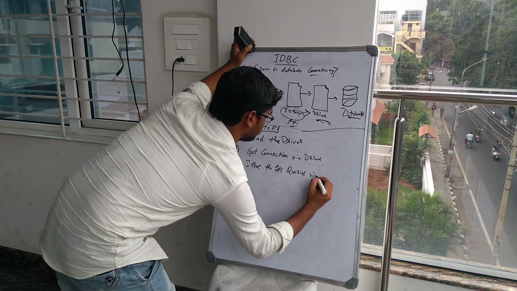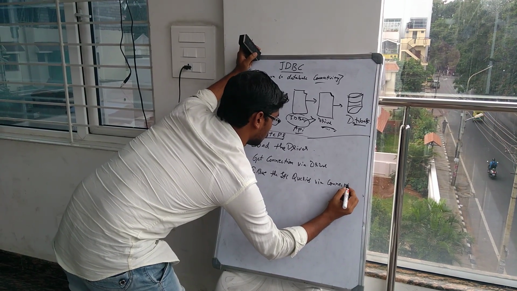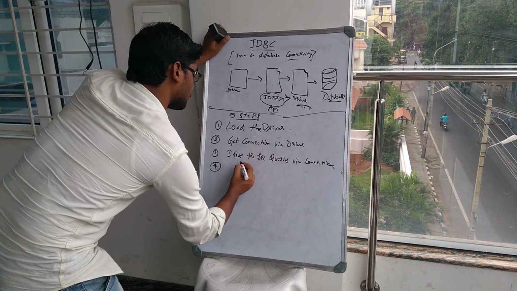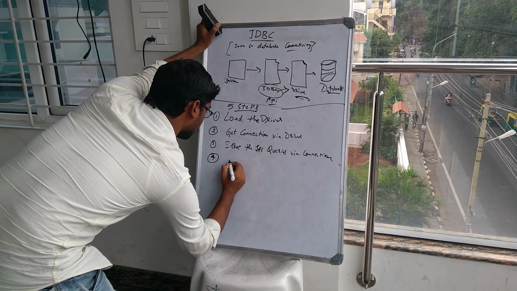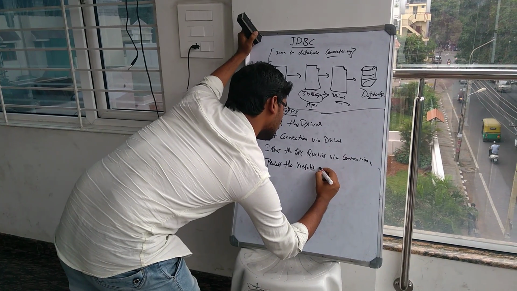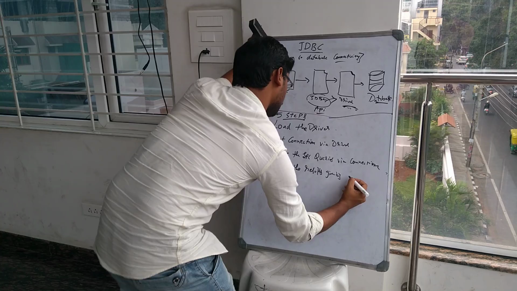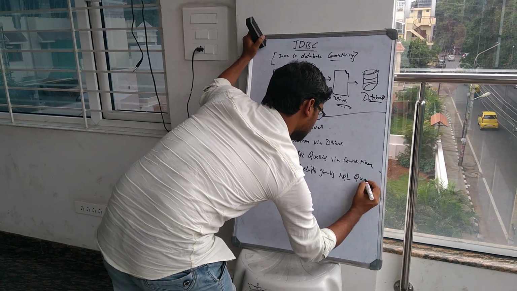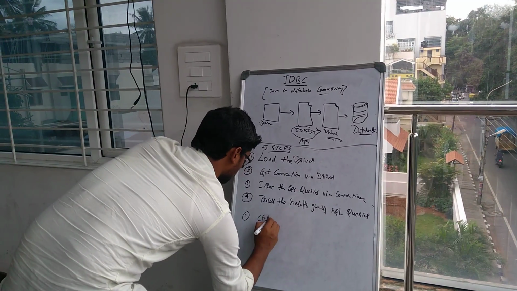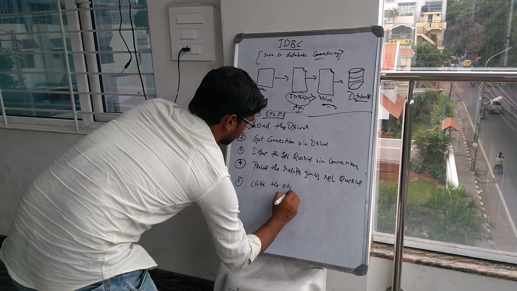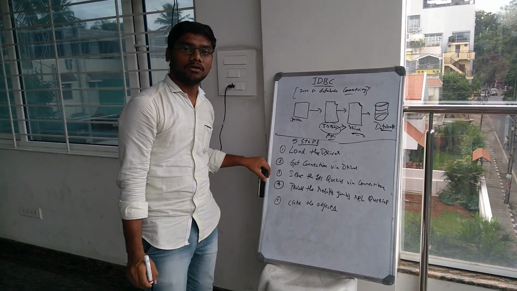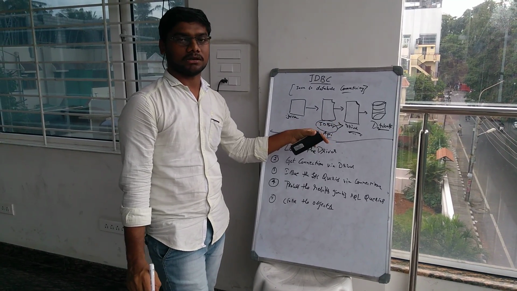Then process the results. So these are the 5 steps which we have to follow to get a connection to the RDBMS application, the database.